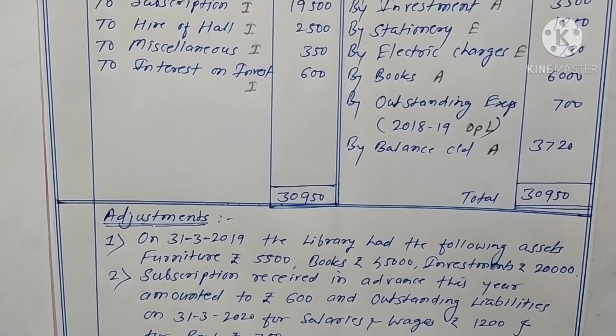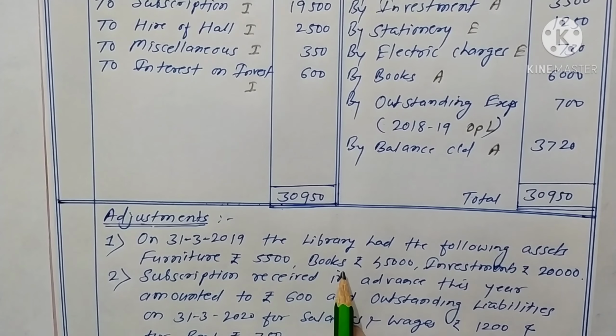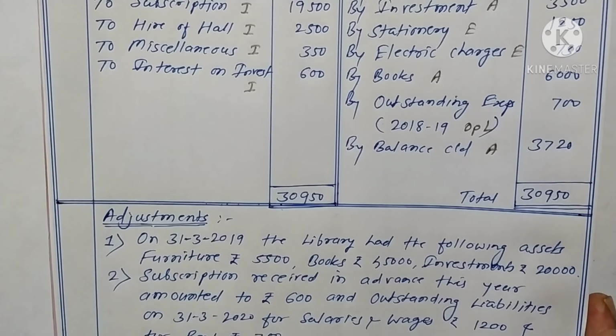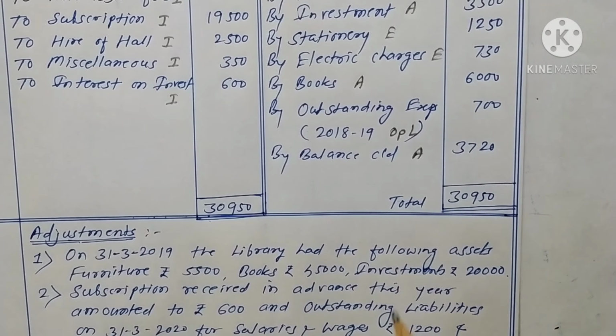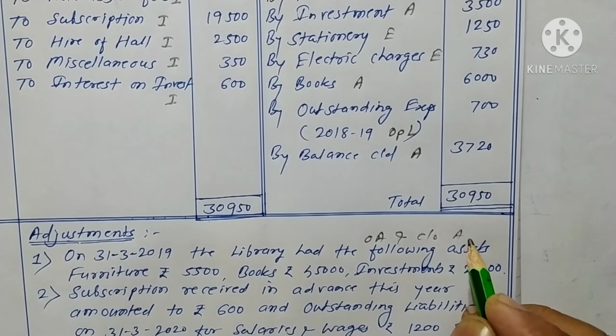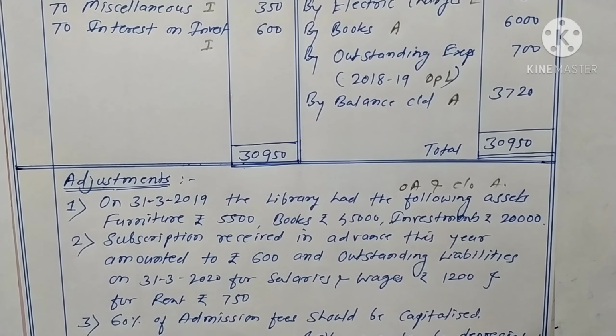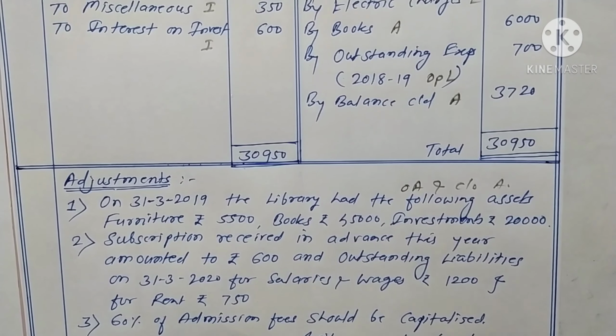Adjustments. On 31st March 2019, the library had the following assets: furniture, books, investments. These are the assets. Effects are to be made on opening asset side and also closing asset side. Now second adjustment. Subscription received in advance this year amounts to 600.